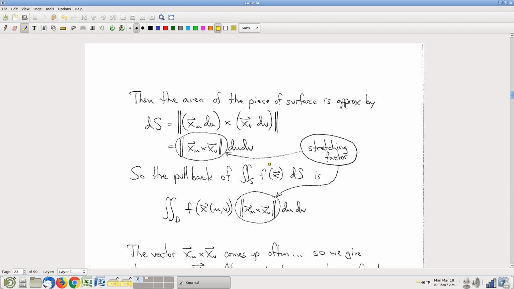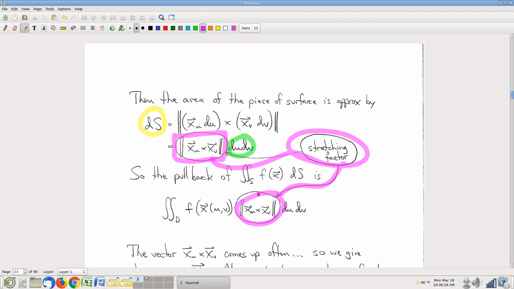And so notice we actually then get what we were interested in. We wanted to find the output area, ds, that area of that little parallelogram. How does that relate to the input area, du dv? Through this calculation of ds, we see what that stretching factor is. That stretching factor is just what's left over here: this magnitude of x_u cross x_v. Kind of a weird formula, really.